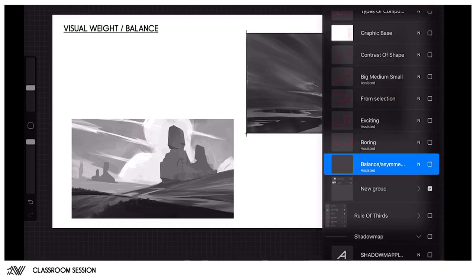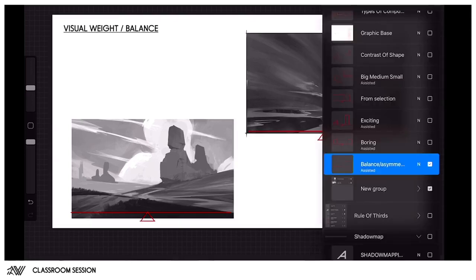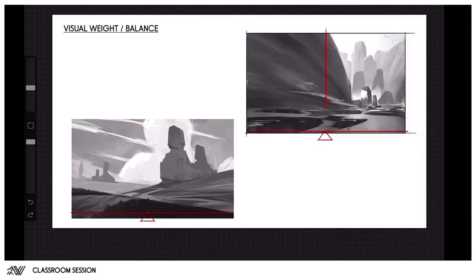So the main thing that I suggest to beginners when they're trying to divide up their canvas is think of it like a weight scale, right? Think of half of your canvas as being weighed by scales, right?